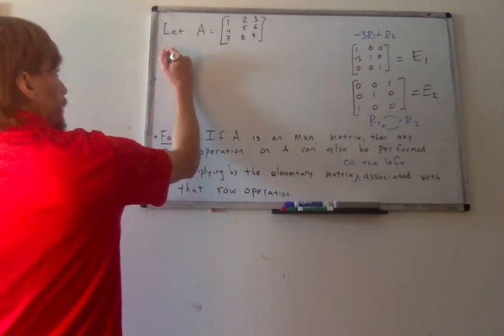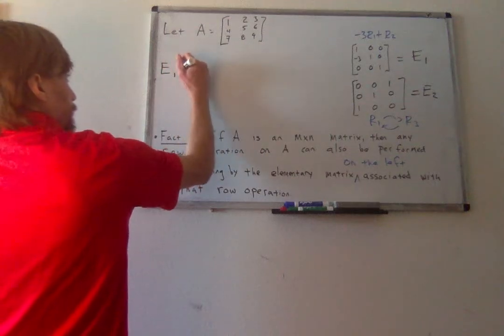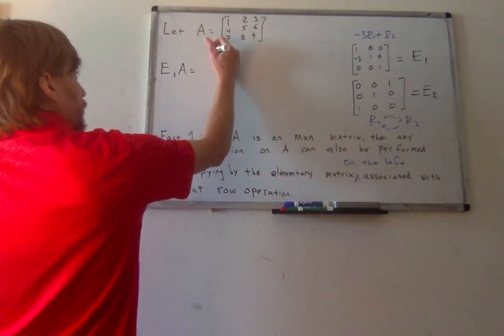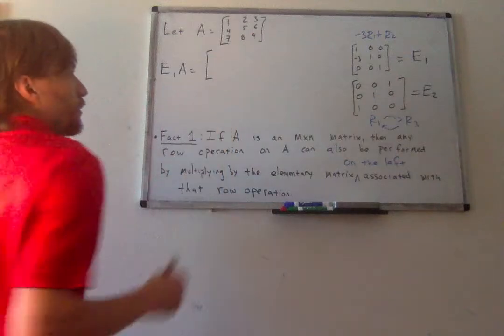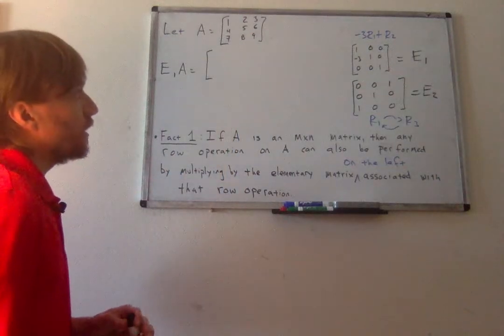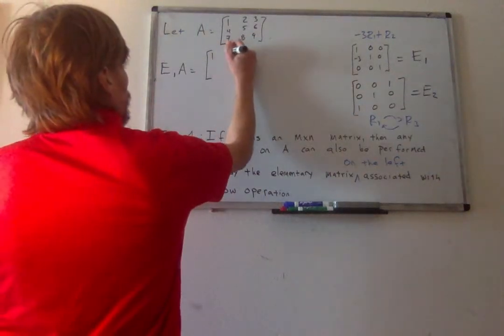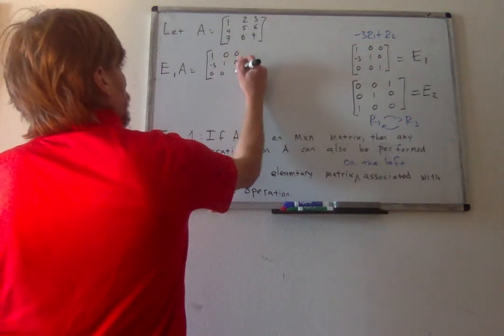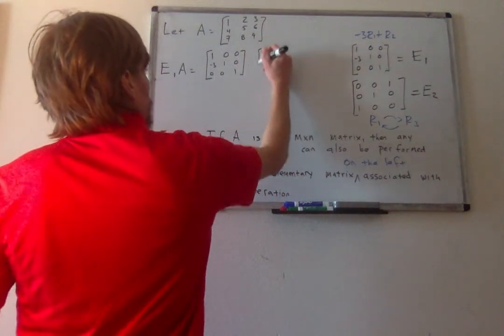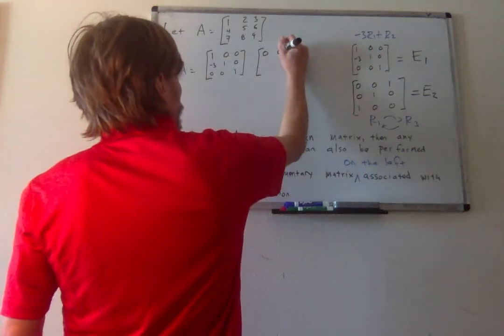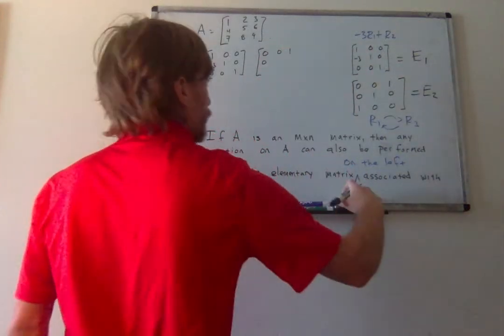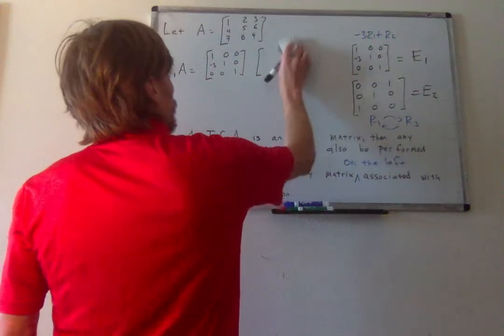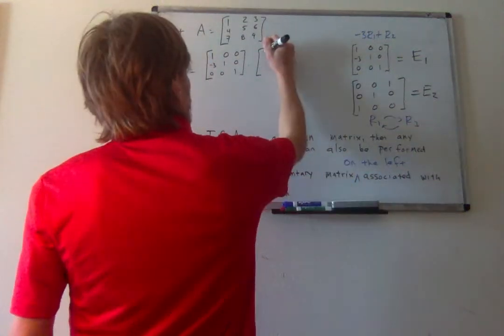And then we'll say E1 times A equals, well, we'll have to do the matrix multiplication dance here. So I'll write out the matrices times 0, 0, 1. Oh, nope, that's E2. I don't want to do E1 times E2. I want to do E1 times A.